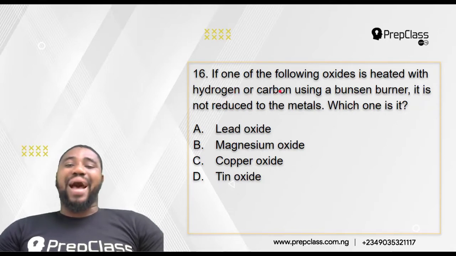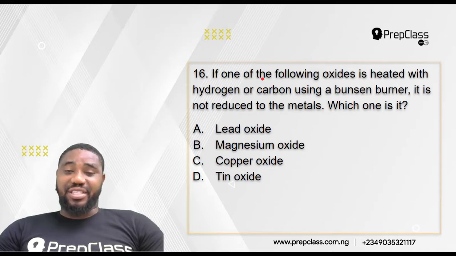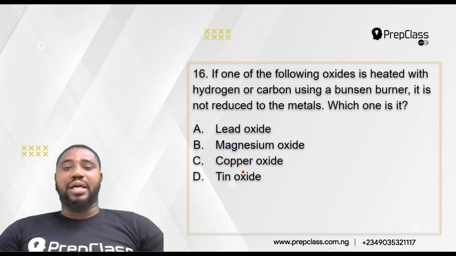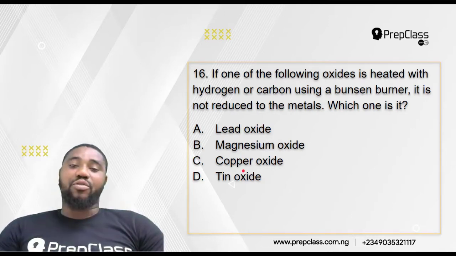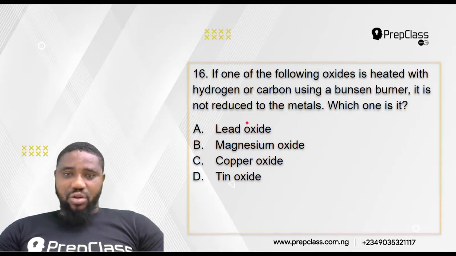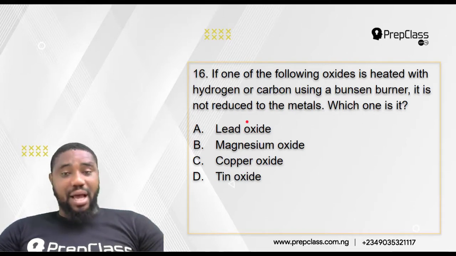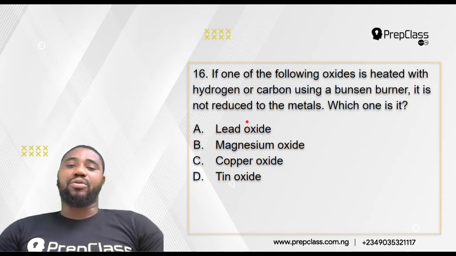So if both of them are higher in the reactivity series than that metal, maybe like lead, magnesium or copper, then they will liberate the metal from the oxide. If they are not, they cannot reduce that metallic oxide to the metal or liberate the metal from the oxide.